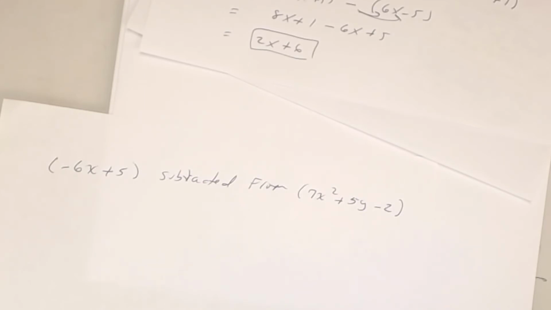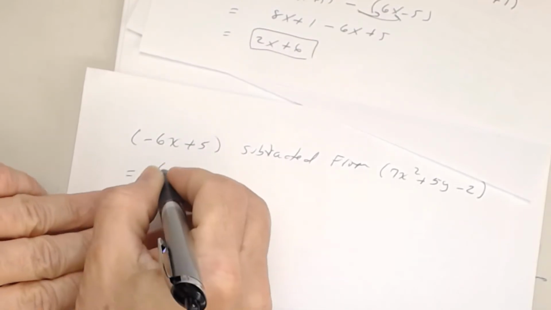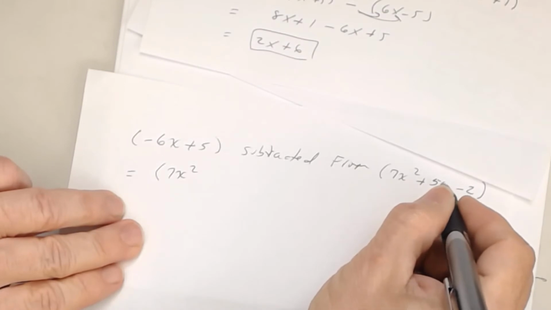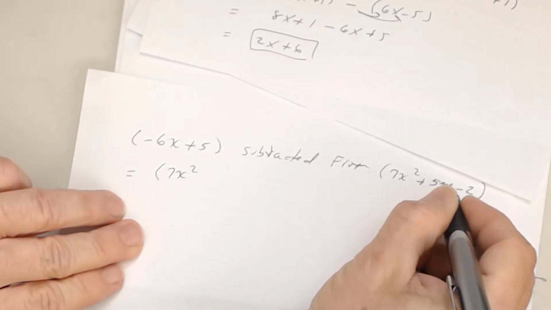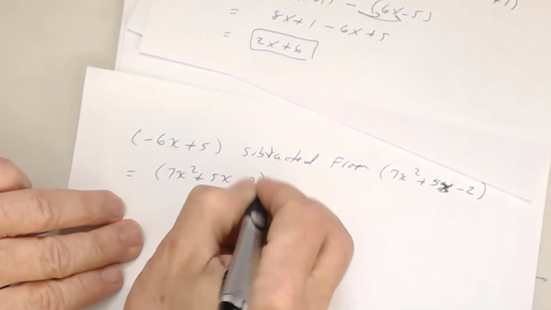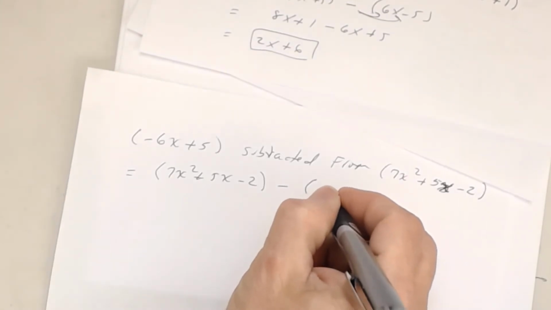So you want to rewrite it. So what would you write first? 7x squared. So you write that second polynomial first. So that's going to be 7x squared plus 5x minus 2, and then minus what? Minus negative 6x plus 5. Yeah, and remember you put that in parentheses. So you keep the parentheses there. Okay, now what's the next step?